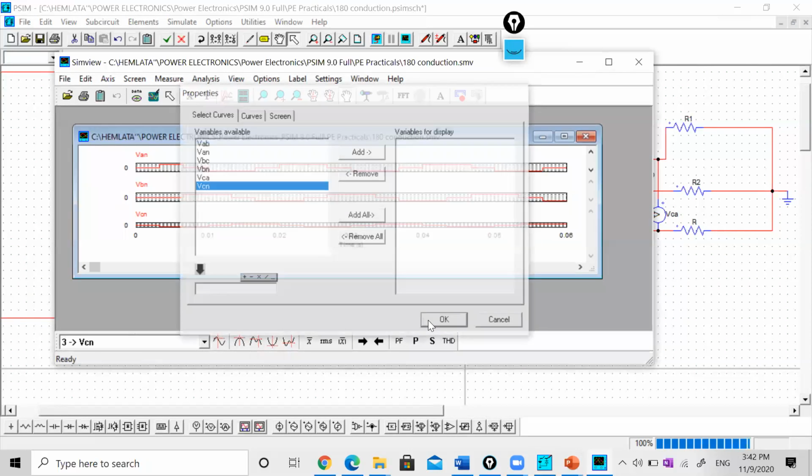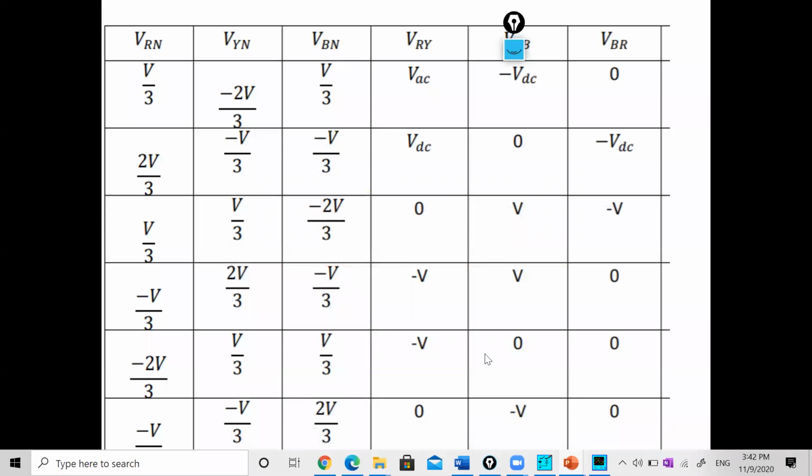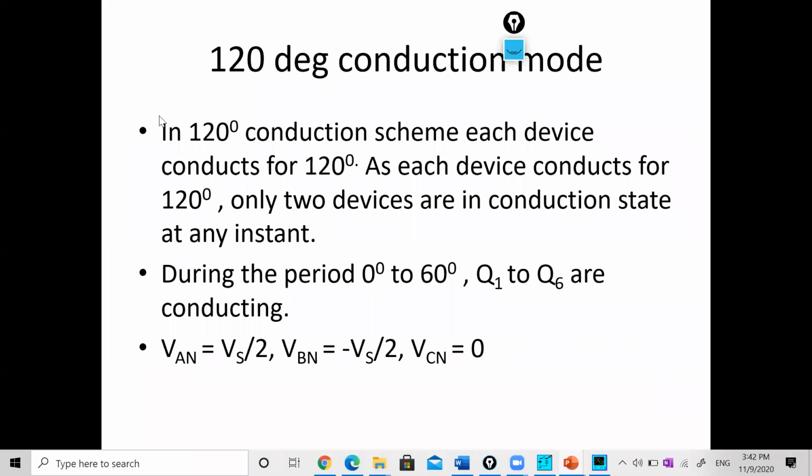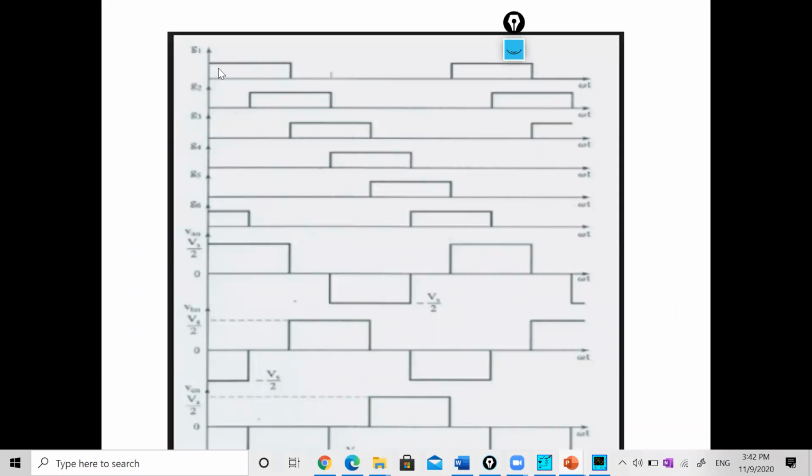The main difference between 180-degree and 120-degree is that in 120-degree, at a time two transistors will be conducting. So Q1 and Q6 are conducting during this 0 to 60.